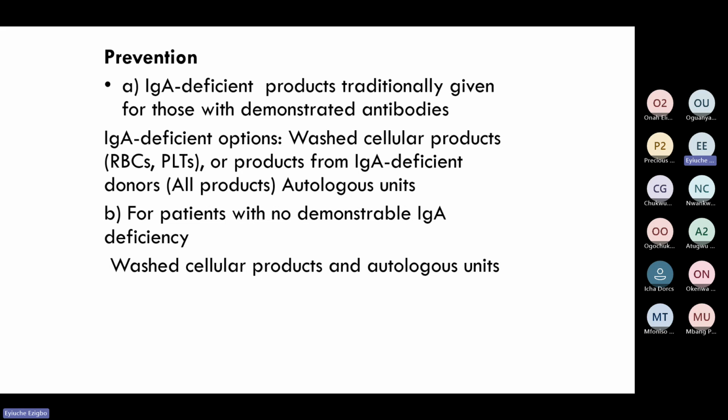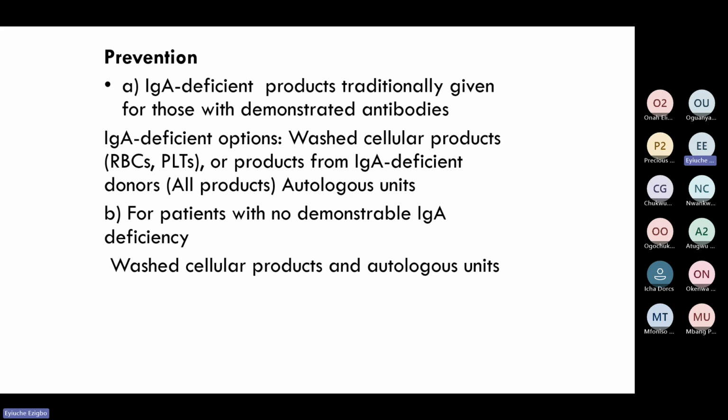So for prevention, IgA deficient product is traditionally given to those with demonstrated antibodies. So these patients lack or have very low IgA. So it's very good to give them IgA deficient products. IgA deficient options: you wash cellular products, if you can wash them, or use autologous units.